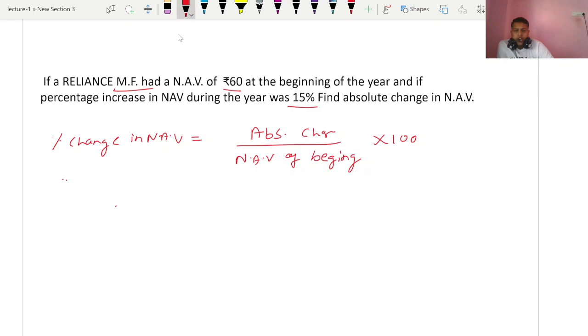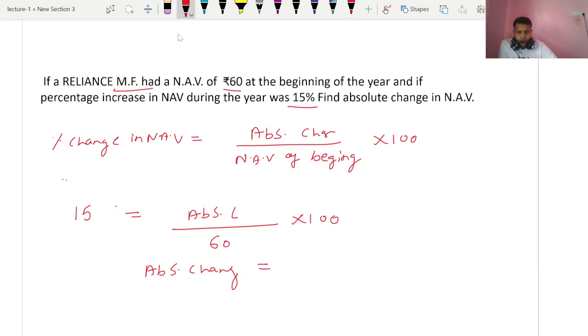So we have been given that percentage change is 15, is equal to absolute change divided by net asset value at the beginning, 60 rupees, multiplied by 100. So absolute change will be 15 into 60 by 100.